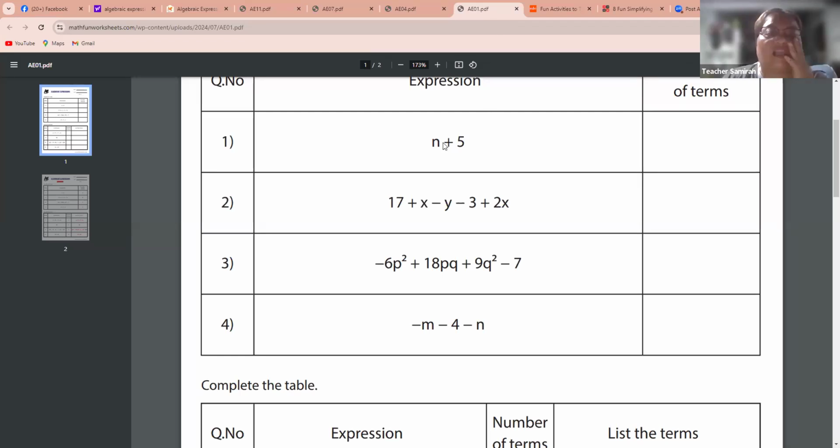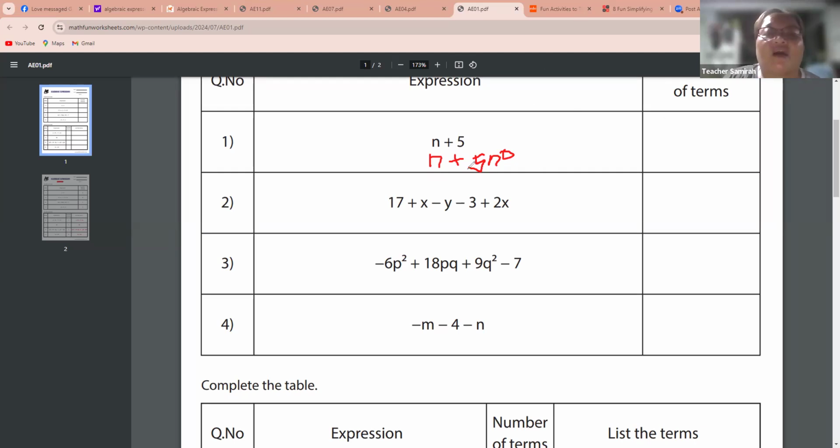I am simply going to rewrite this one as plus 5, and plus 5 times n raised to the power of 0.